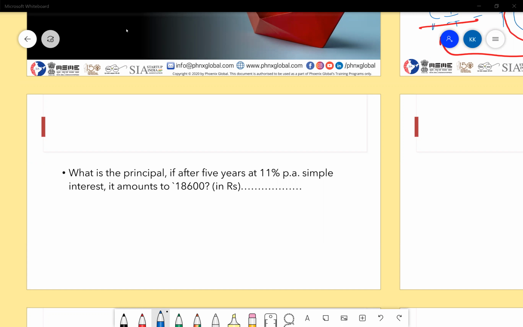So after 5 years, you will get 55% as the simple interest. Yes. So the total amount is principal plus 0.55 times the principal. That equates to 1.55 times the principal, that is 1.55p is equal to 18,600. Now you just have to calculate a simple division.